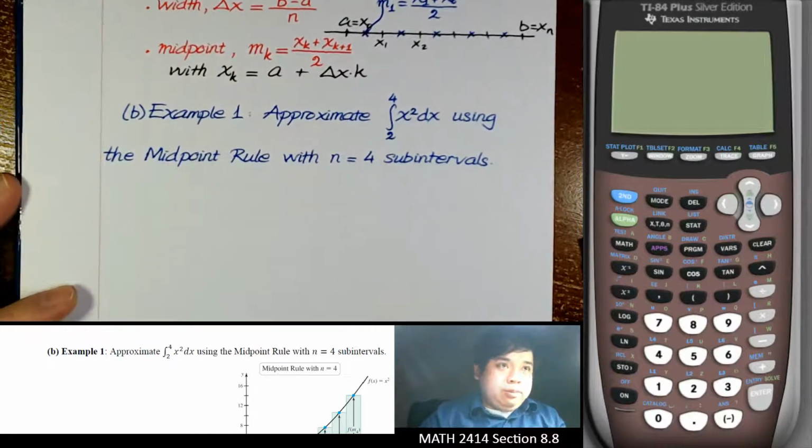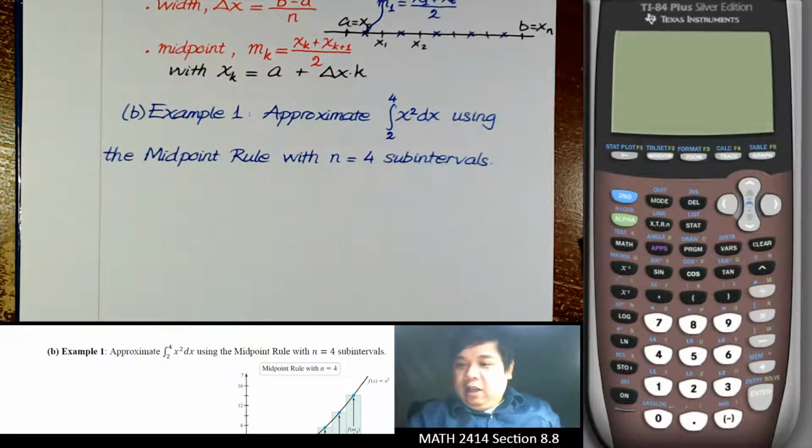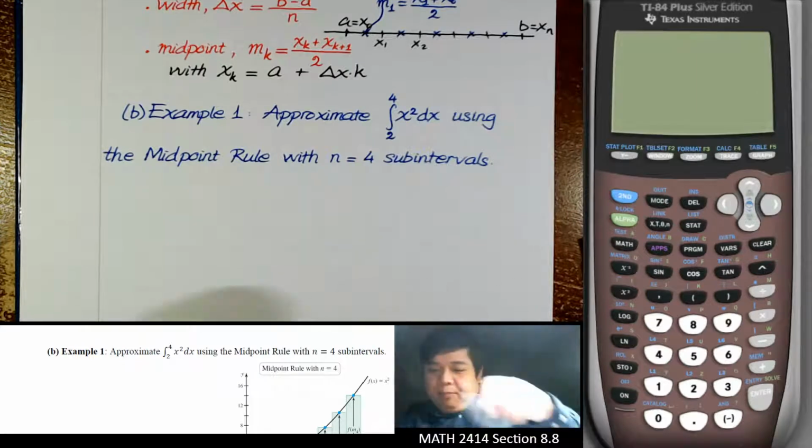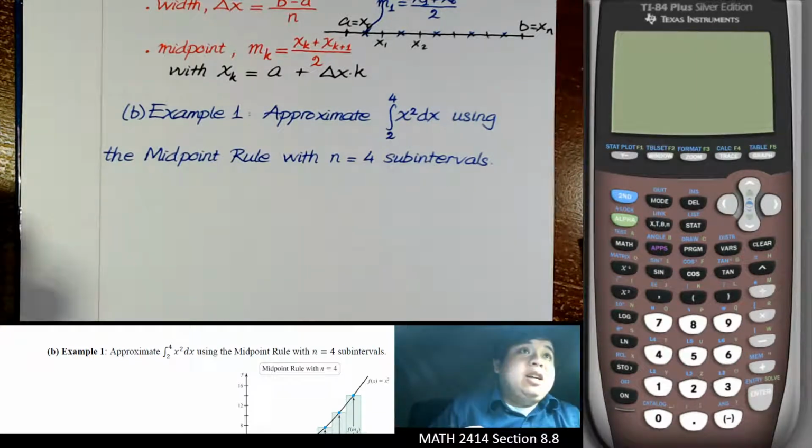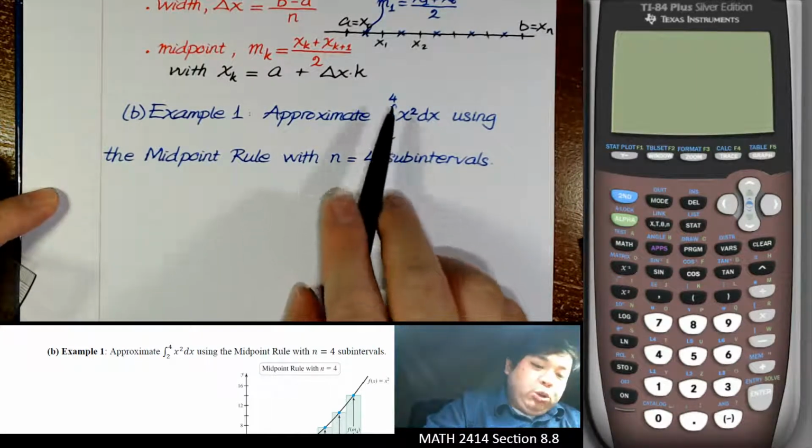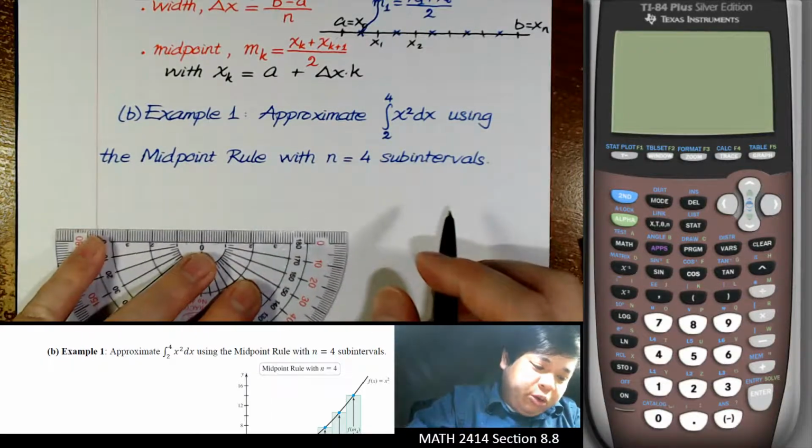So this is count 1. The idea is the interval will go from 2 to 4. So just draw from 2 to 4.